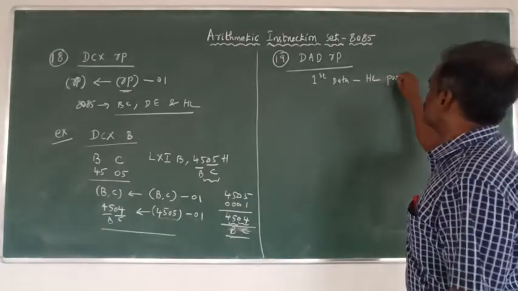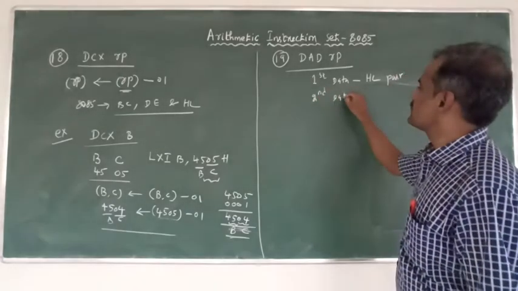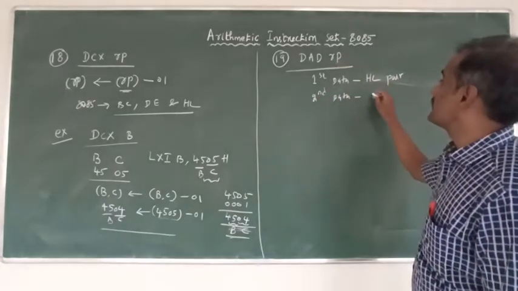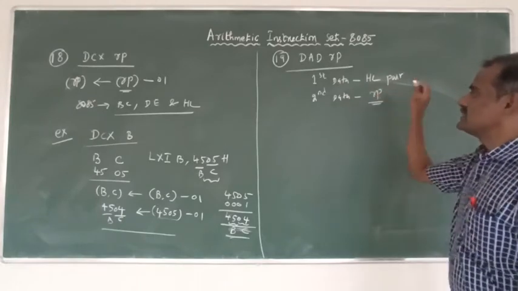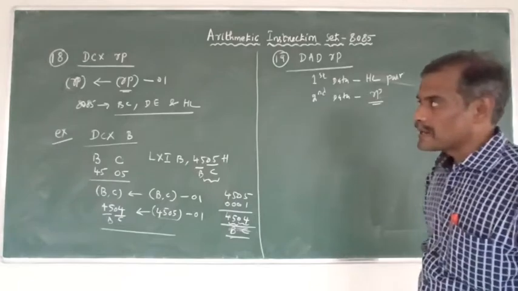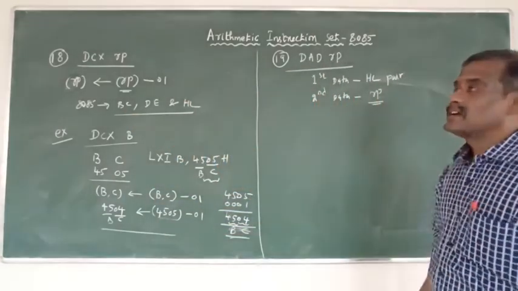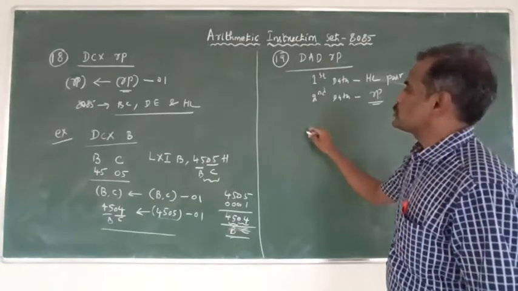The second data will be available in the given register pair content. What are the register pairs available? BC, DE and HL.